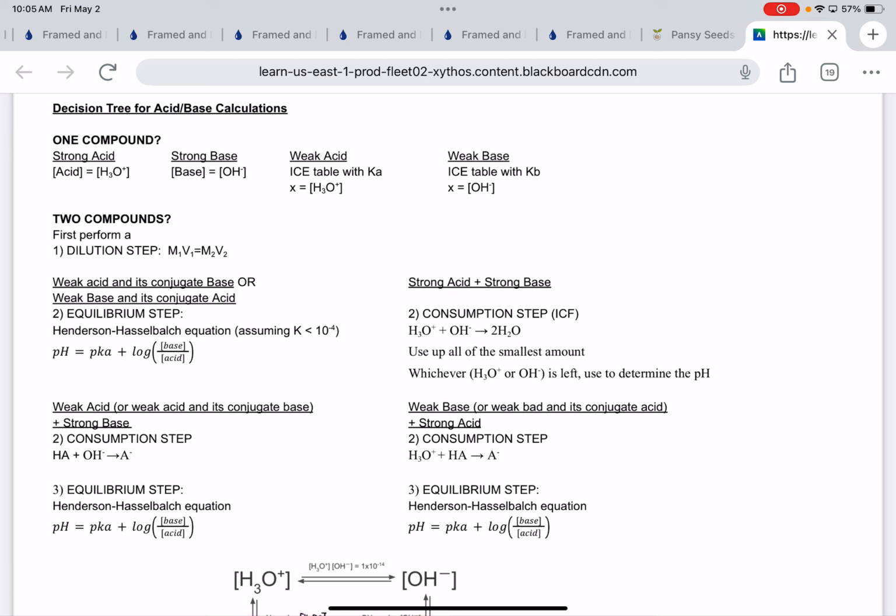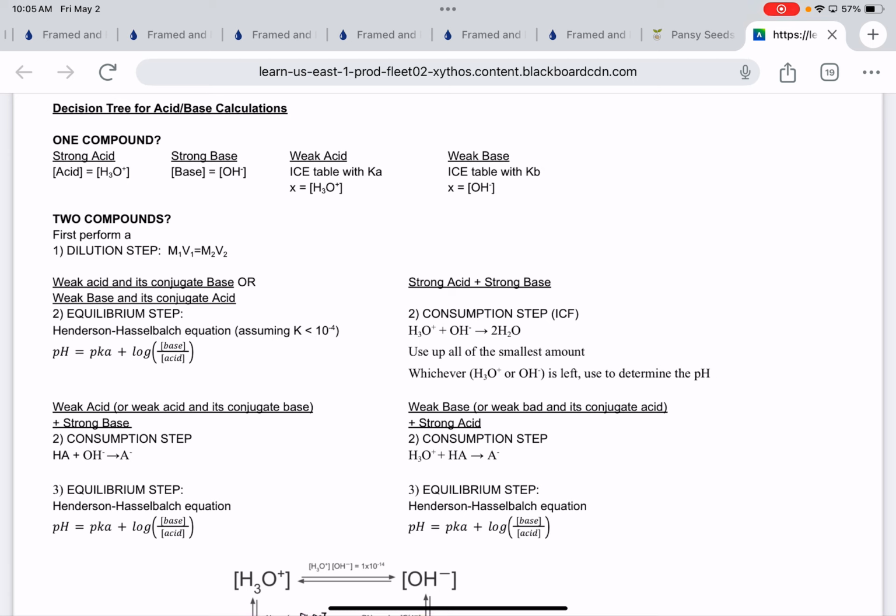If it is a strong acid and a strong base, you have a certain way to do it. If it's a weak acid and its conjugate base plus a strong base, or a weak base and a strong acid, then you have a different approach. I know those four seem a lot more complicated.